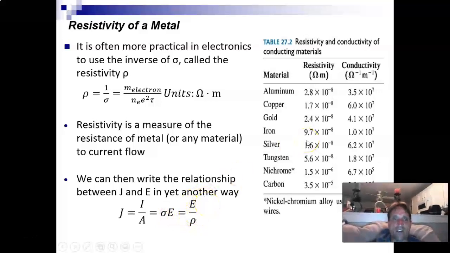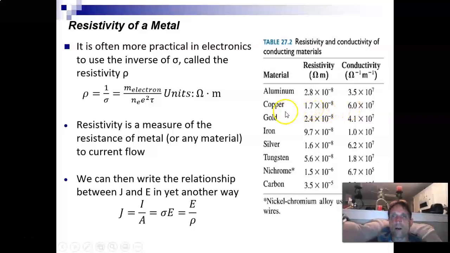And here's an example of some metals. Copper has a real high conductivity, as does silver, and so they tend to have a low resistance to flow. In other words, it's easy to push electrons through copper wires.